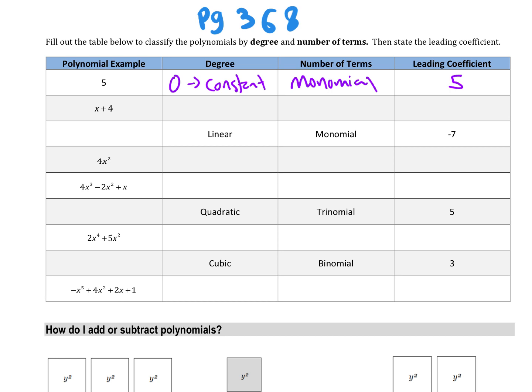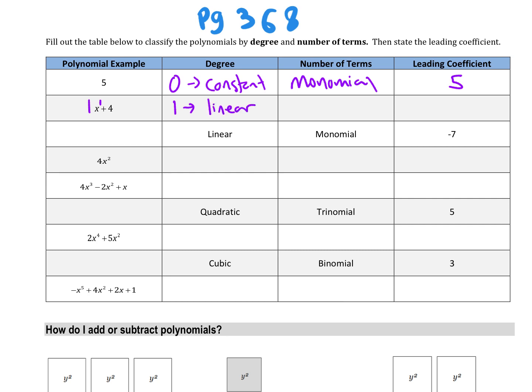Okay, then we have x plus 4. I'm going to write a couple of invisible ones. Remember, it would be 1x plus 4, and the exponent on x is 1. So now the biggest exponent we see is that 1, and that means our degree is linear.